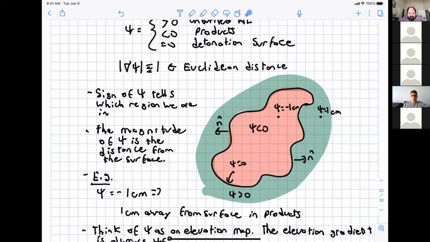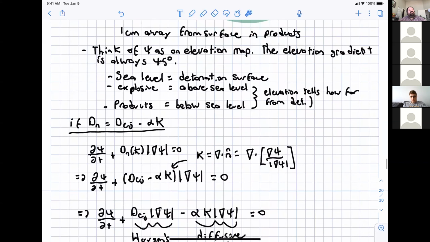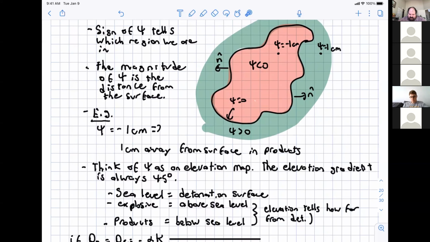So these things are used a lot and for a lot of really practical applications. Okay, and so that just defines what psi is. And there's all sorts of literature that if you actually want to construct the sine distance function for a complex surface, there are multiple ways of doing that. And one of my grad students has done that.